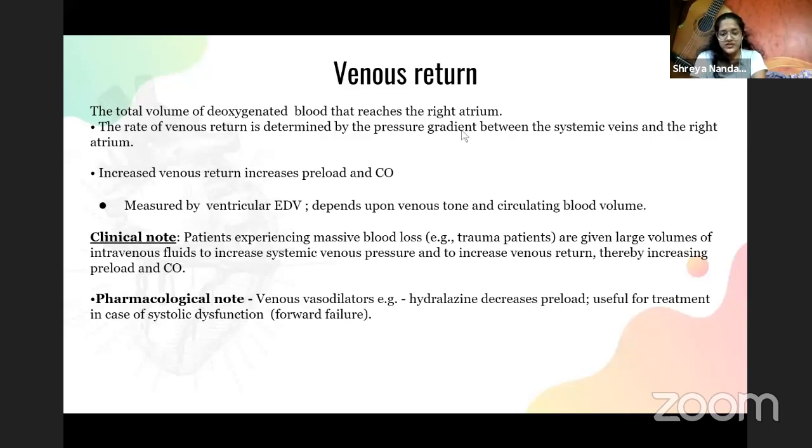This leads to an increase in venous return, preload and cardiac output, just as we talked about in the graph. There's also a pharmacological note: if you give venous vasodilators, for example hydralazine, it decreases the preload. Therefore, this therapy can be useful in treating systolic dysfunction, that is forward failure of the heart.